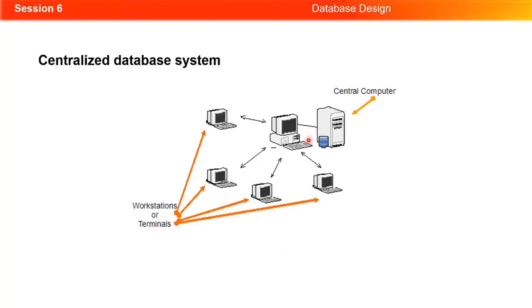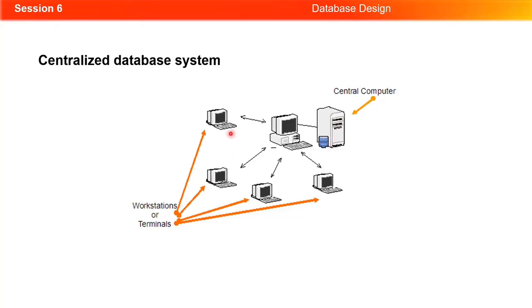If we look at this model here, we can see the central computer, the central host or the central node where the data is managed, and this icon here typically represents a database. You can see some kind of a client here where the DBMS application is accessed.